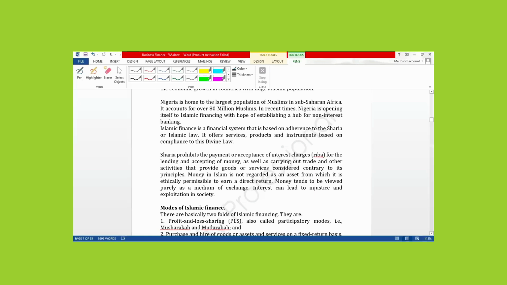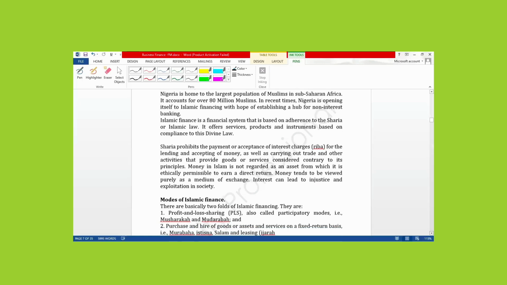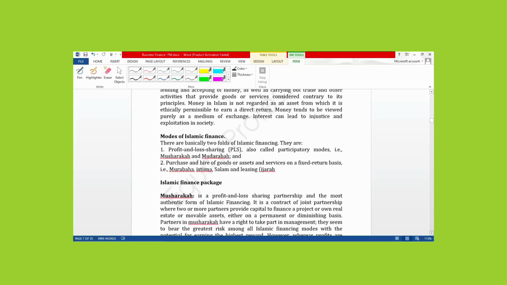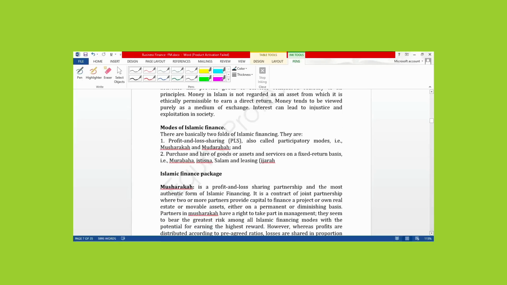So the question again is, how do Islamic finance companies generate returns? We have different products used by Islamic finance businesses to generate income.